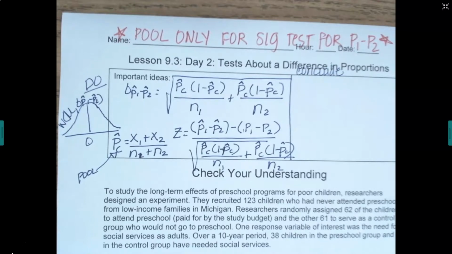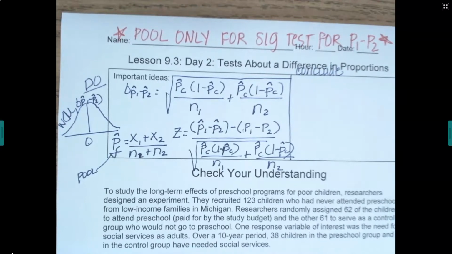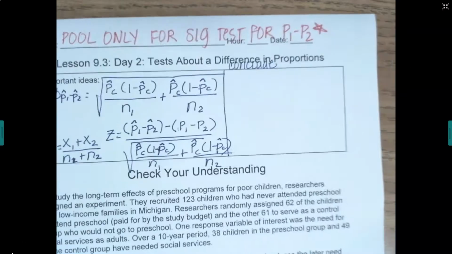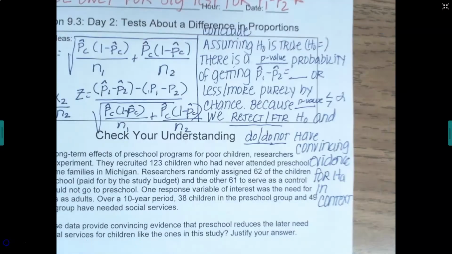Now, the other part for our summary here is the conclusion. All right, so let's get that. Okay, so our conclusions are pretty long, but it has the 3 parts in it.